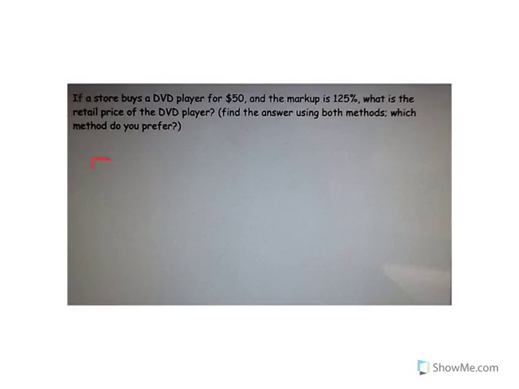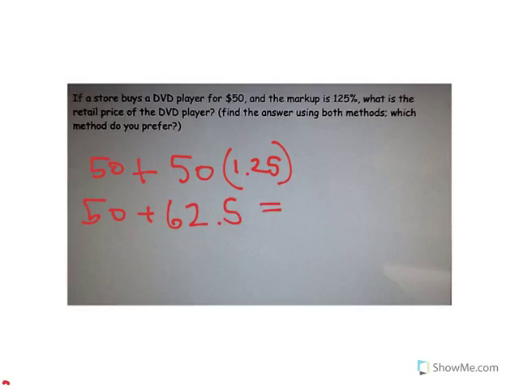The first way is $50 plus 50 times 1.25. That's going to be $62.50. So the total price is going to be $112.50.